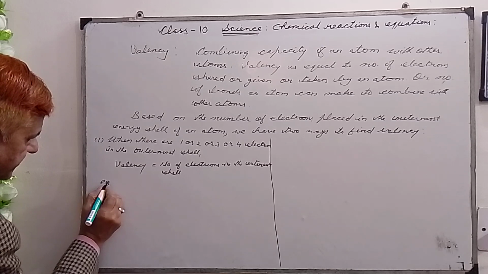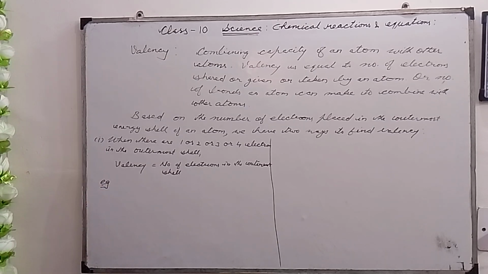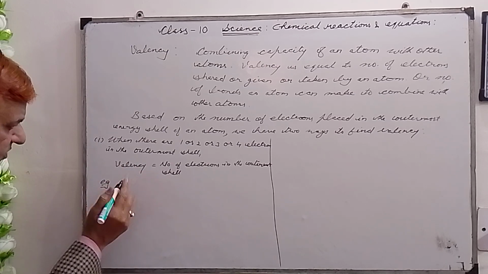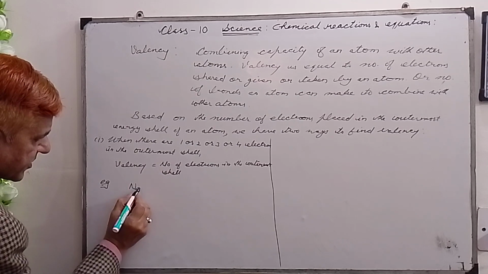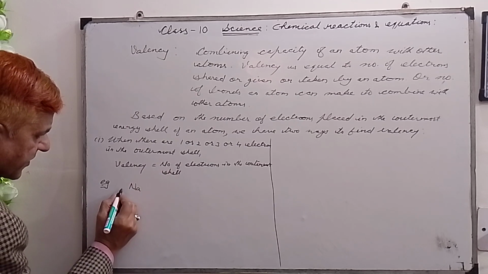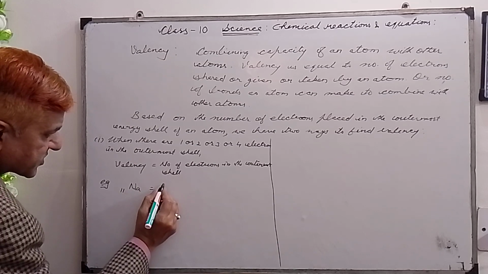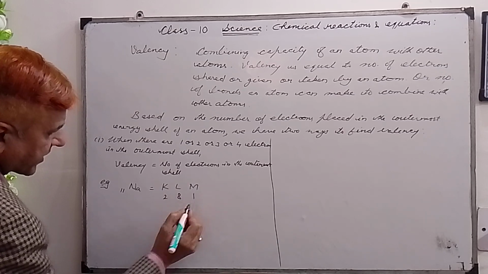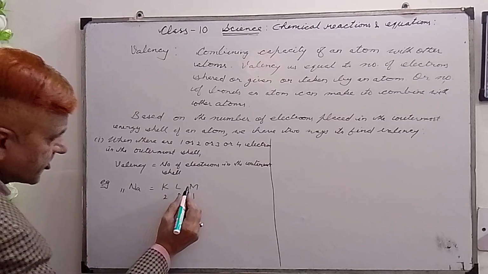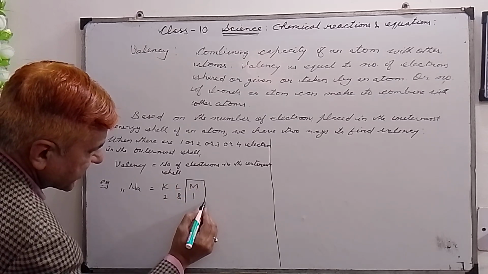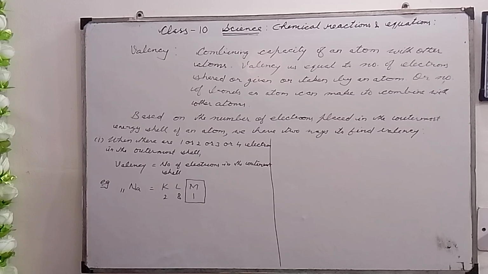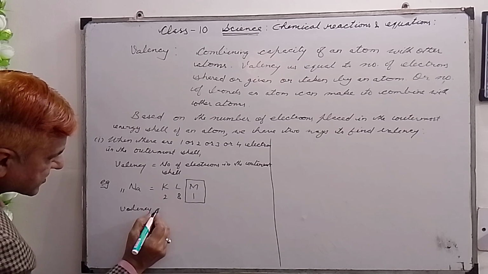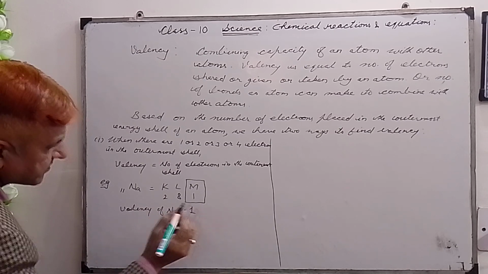For example, let's write the electronic configuration for sodium. The atomic number of sodium is 11, so its electronic configuration is 2, 8 and 1. The number of electrons in the outermost shell is 1, so the valency of sodium is 1.